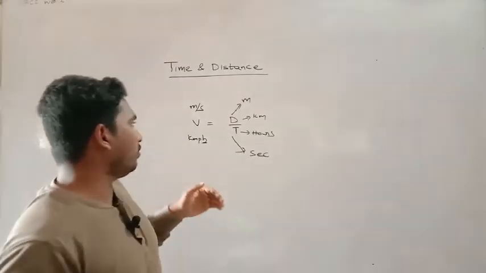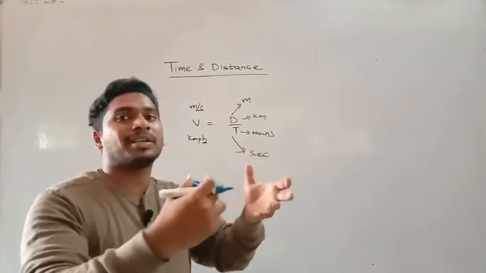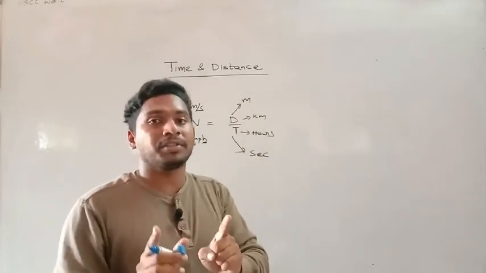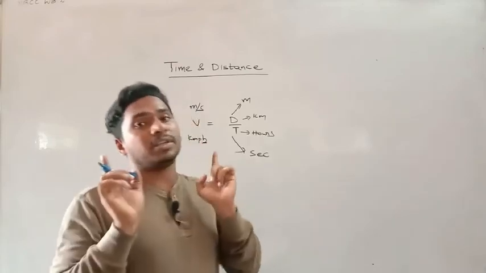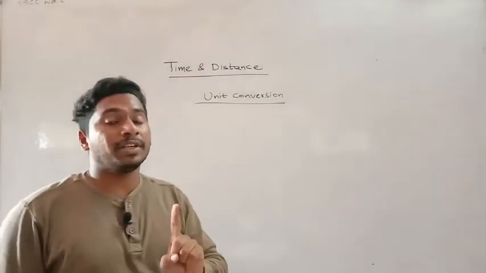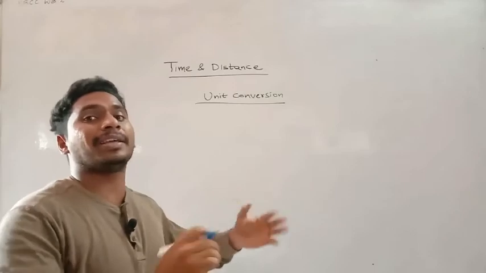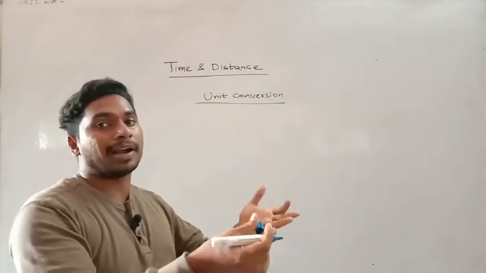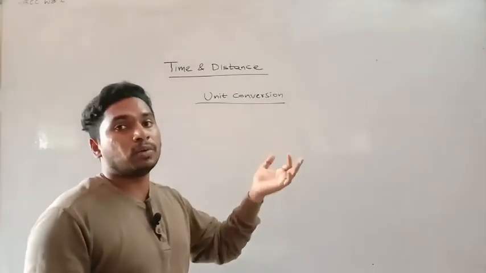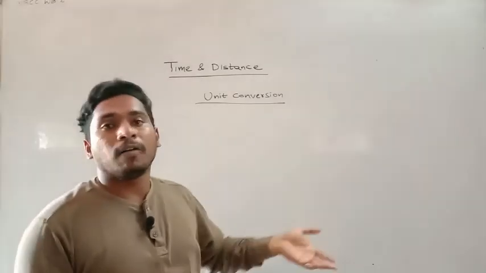If something is given in some units and either distance or time is given in other units, you have to do the conversion. This unit conversion is very much important. V can be given in either kilometer per hour or meter per second, D can be given in kilometers or meters, and T can be given in hours or seconds.